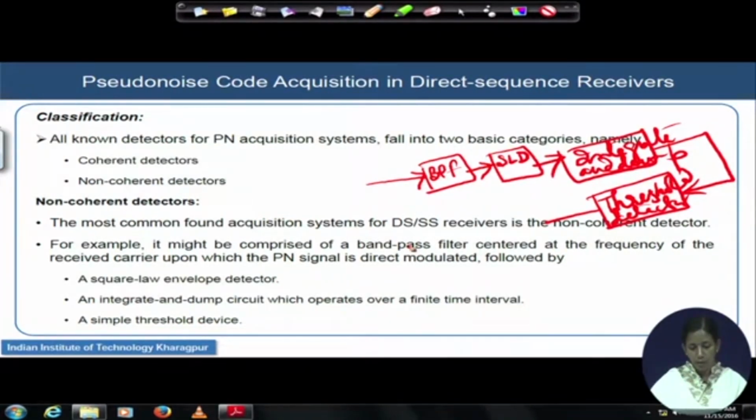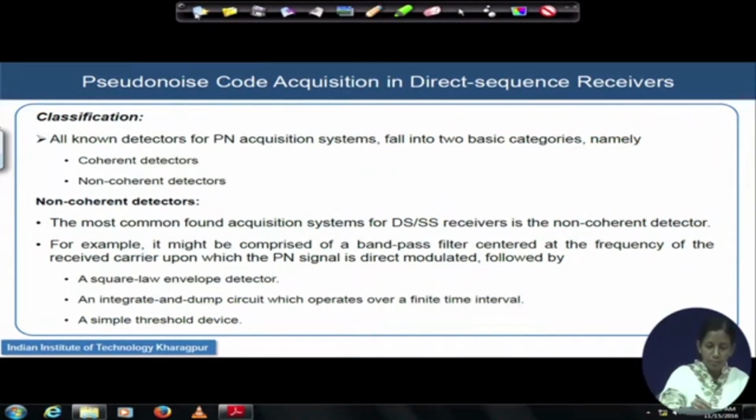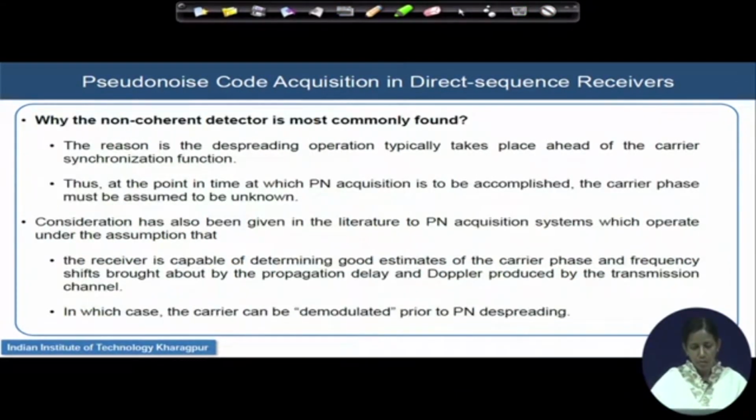And instead of this band pass filter, if I come to the coherent detectors, you will get a low pass filter, which may be constituted of an integrate and dump circuit, and then a very simple Bayes detector or some threshold detector will be in the path for the detection process. We have already discussed why we prefer the non-coherent detector.